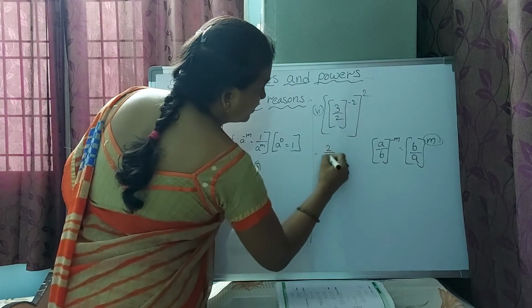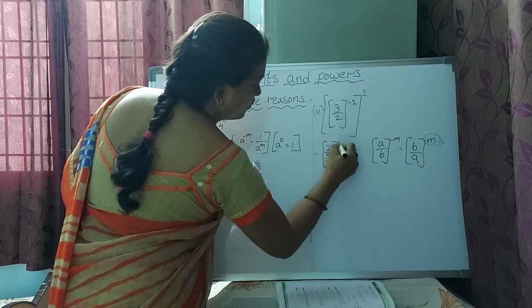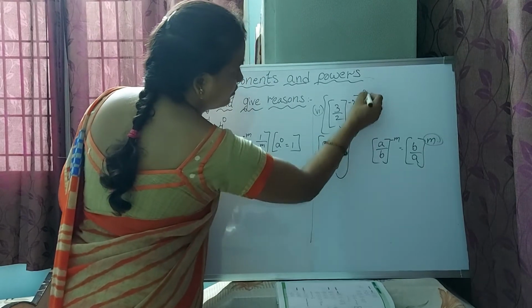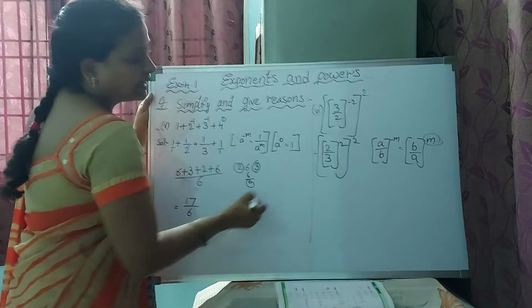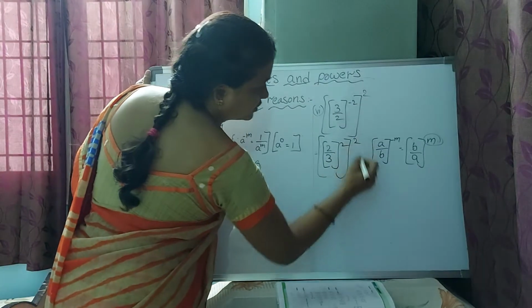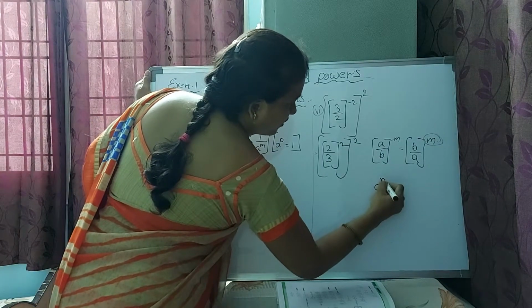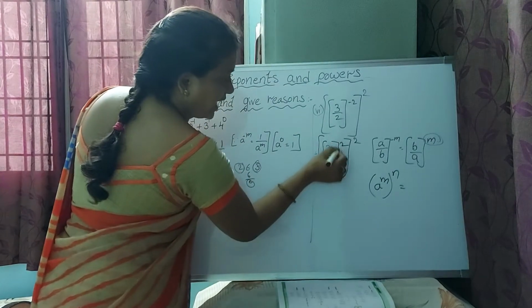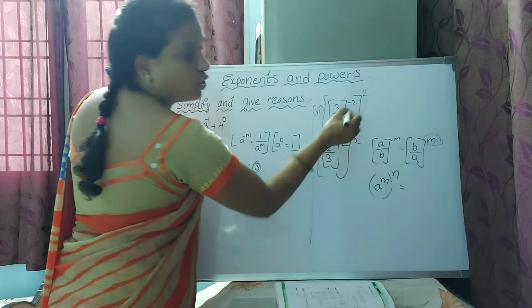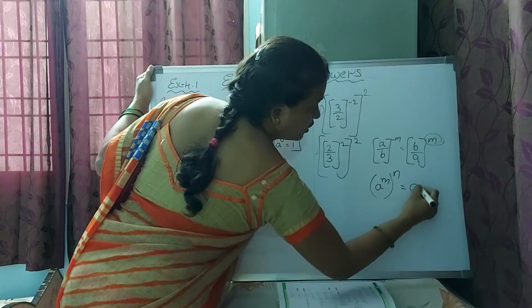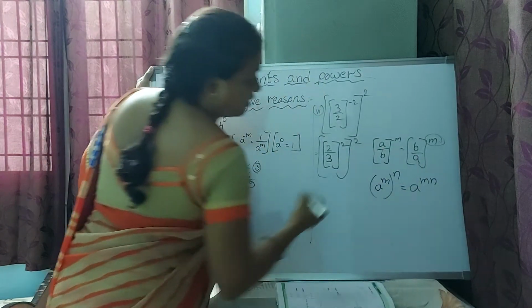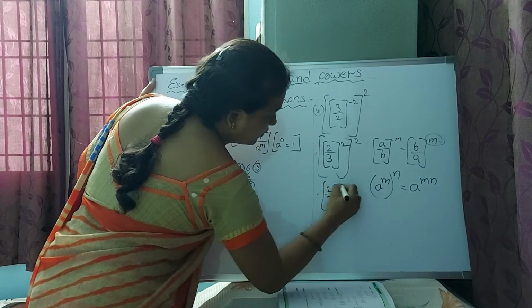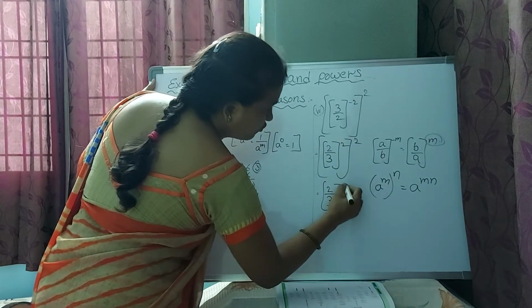So 2 by 3 whole power 2 whole power 2, this 2 will be like that only. Again, a power m whole power n is equal to a power mn. So 2 by 3 whole power 2 2s are 4.